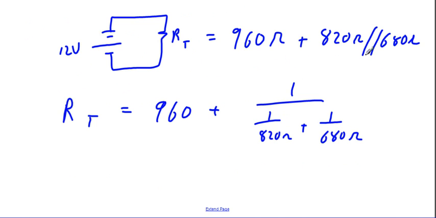Because in a parallel circuit, 1 over R total would be 1 over R1 plus 1 over R2, and therefore we have 1 over 1 over.